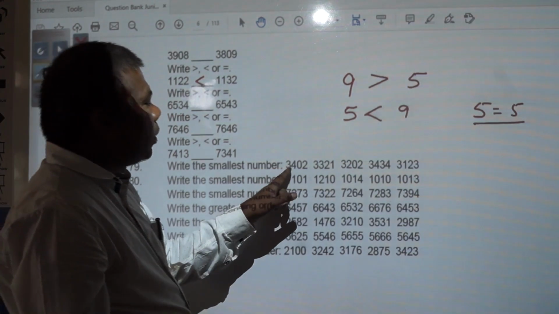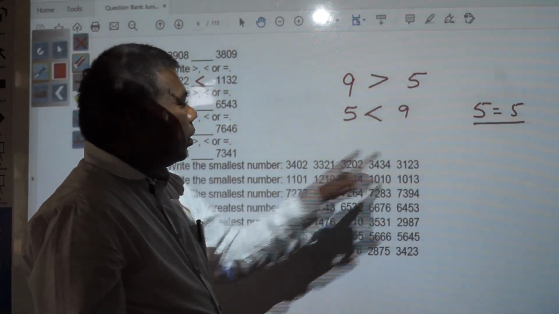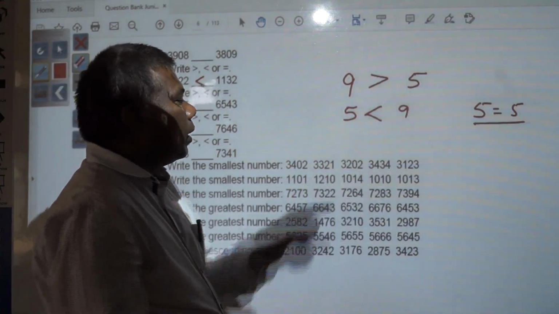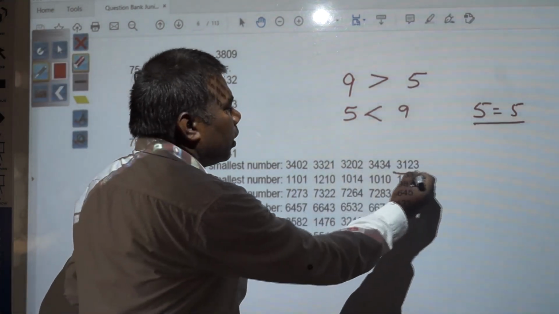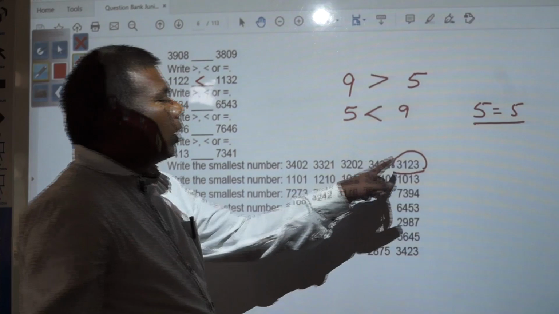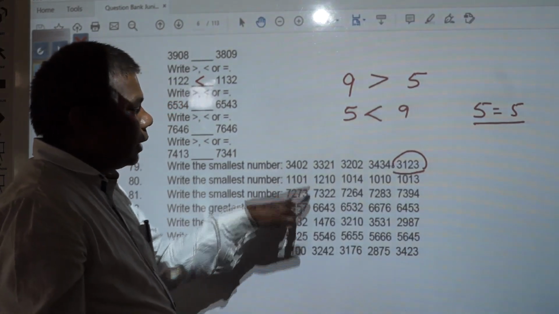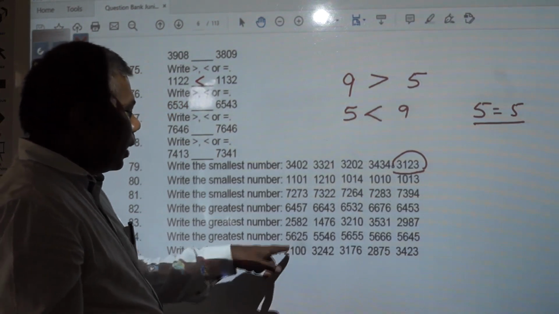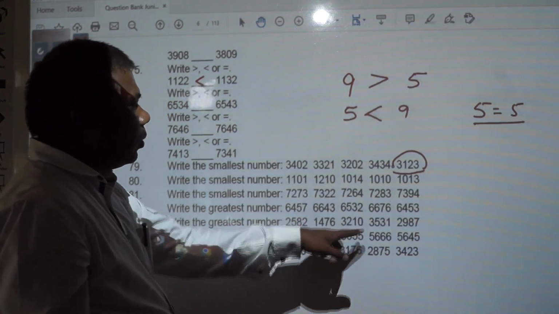In thousands place all are 3. In hundreds place 4, 3, 2, 4, 1. So this one is smaller, 3123. In the same way you find out which one is smaller or which one is greatest.